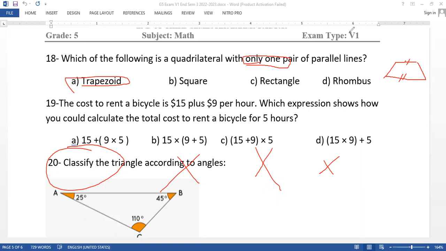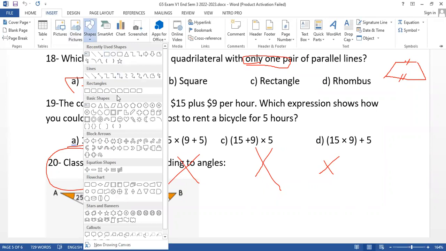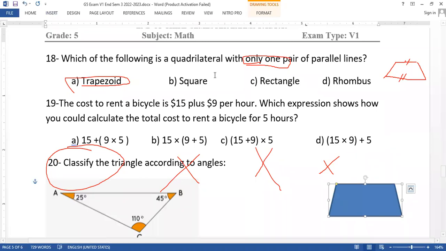I can show you another one. Here, I can show you a trapezoid from these shapes. Look, only one pair of parallel sides. So it's a trapezoid. So the answer is A. Number 18, the answer is A.